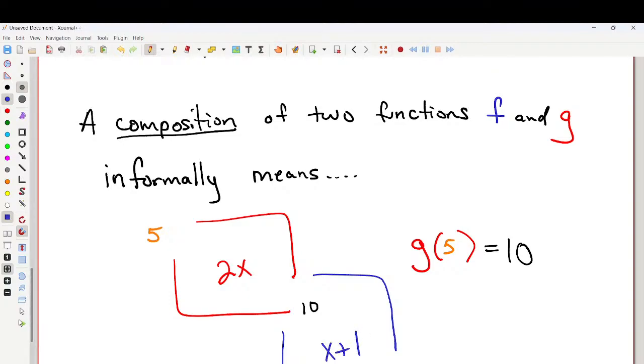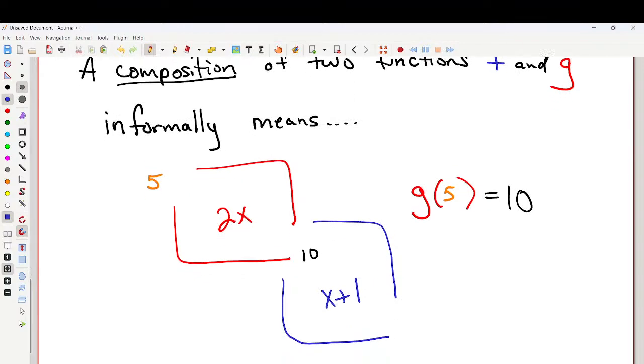So 10 plus 1 becomes 11, because f of 10 would be 11. That's just its rule.